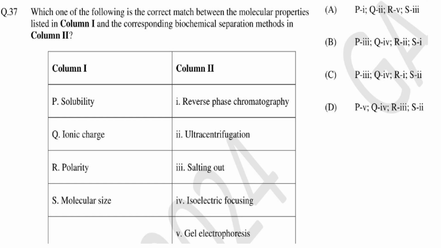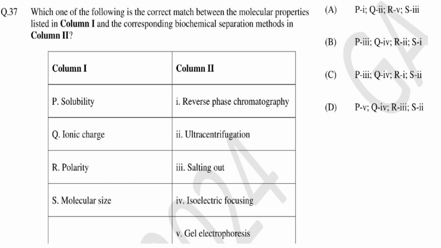Then next one. Which one of the following is the correct match between the molecular properties listed in column 1 and the corresponding biochemical separation methods in column 2? So based on solubility, it is salting out, ammonium sulfate precipitation. So P3.